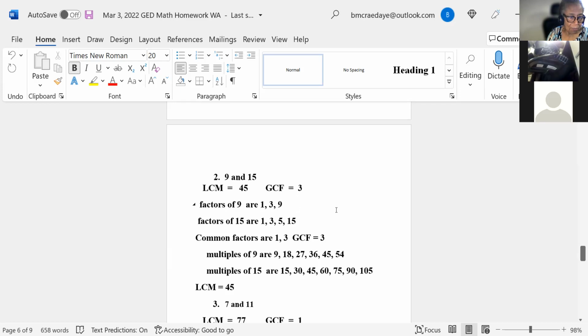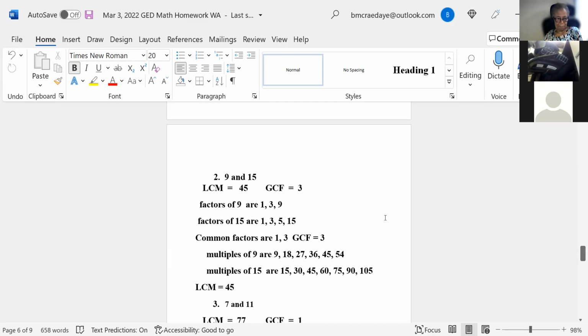No, what are the common factors? What do you see that's the same in both of these lists? 3. Yeah, the same is 3. 1, 3. So 1 and 3 are the common factors. And what's the greatest of these? What's bigger, 1 or 3? 3. So the greatest common factor is 3.